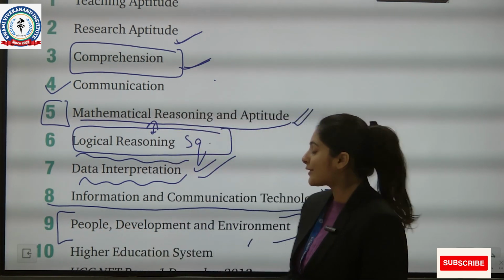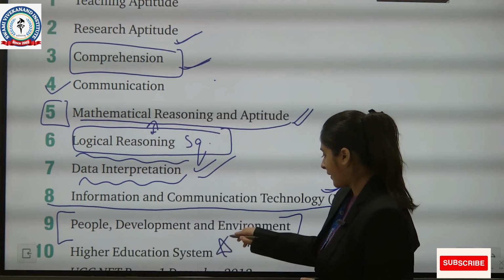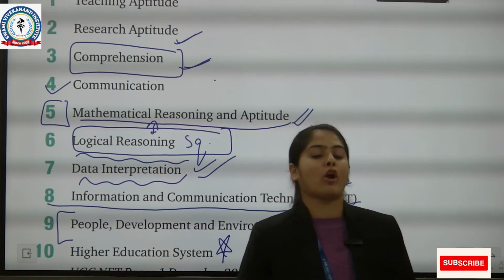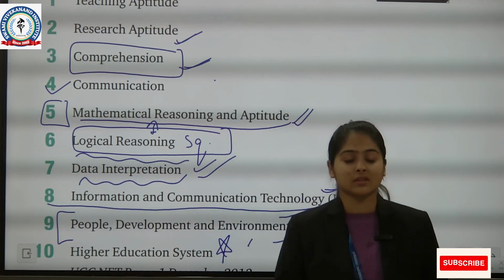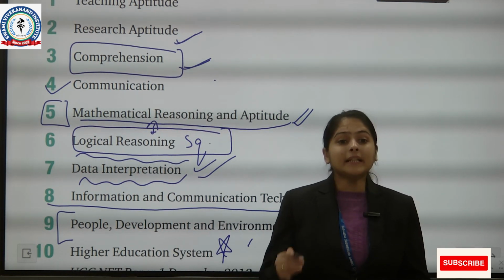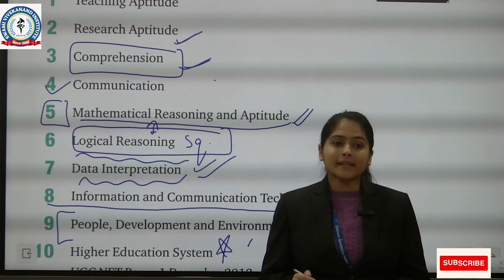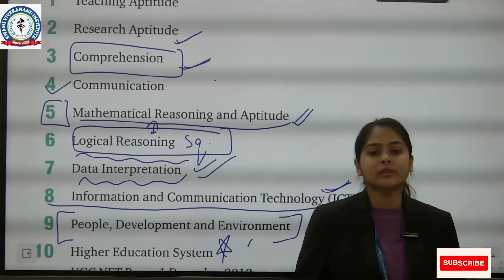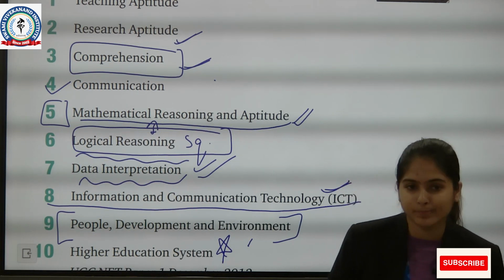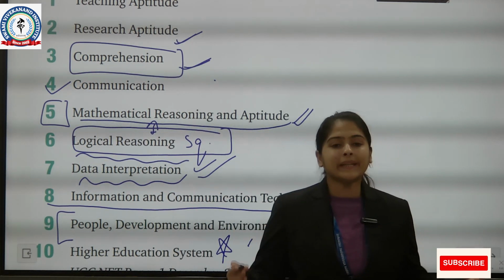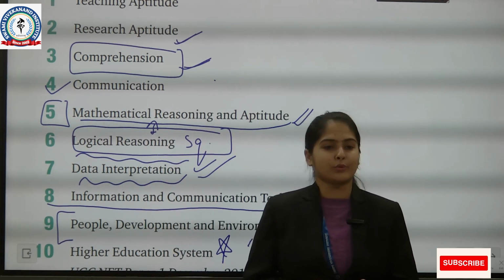Now the last unit is very important. That is the higher education system, and the most important part of this unit is that you have to stay updated till the NET exam. For example, in 2020 they published the new education policy, and in the next exam there were many questions from the new education policy.